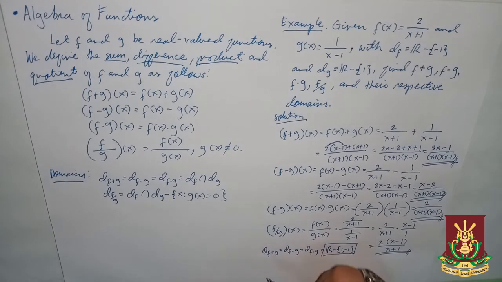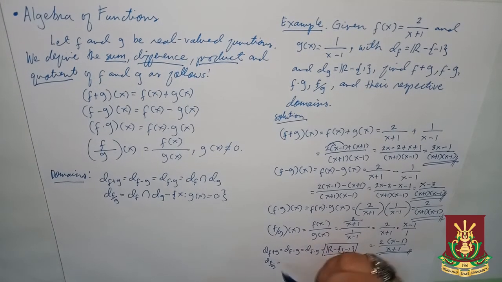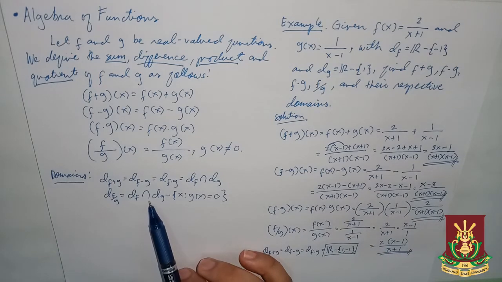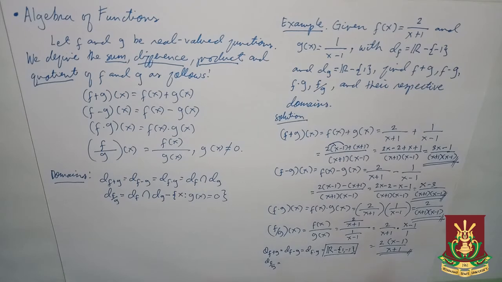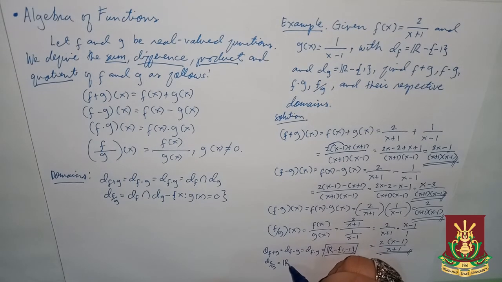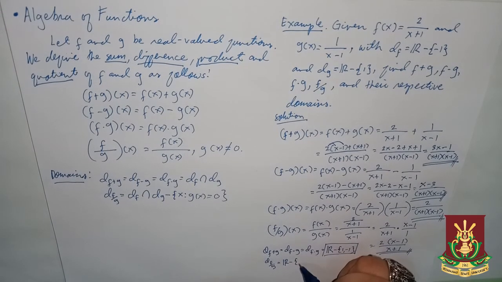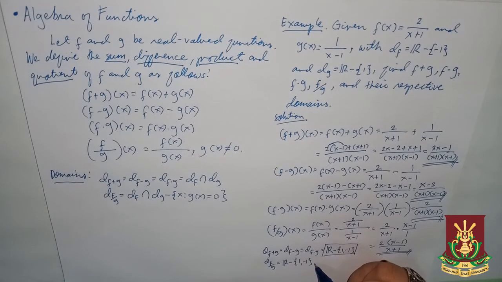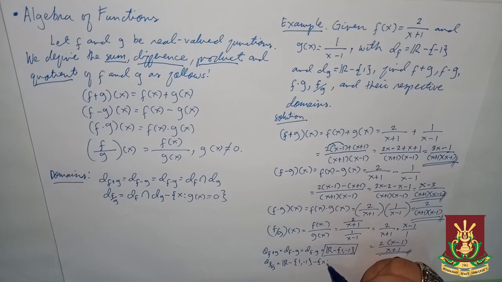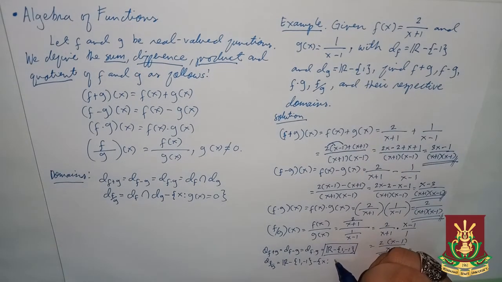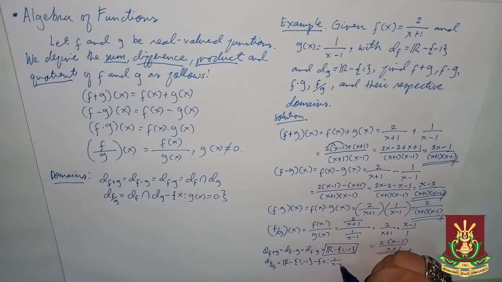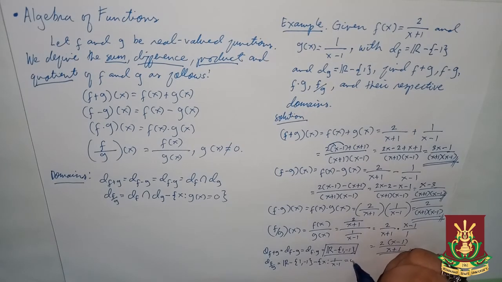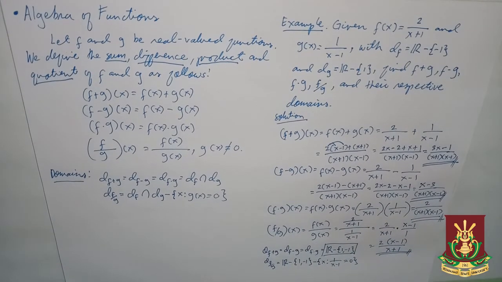Okay? For the quotient, the domain is the intersection of the domains of f and g, which in this case is equal to the set of real numbers except for 1 and -1 minus the set of all x such that g of x, which is 1 over x minus 1, is equal to 0.